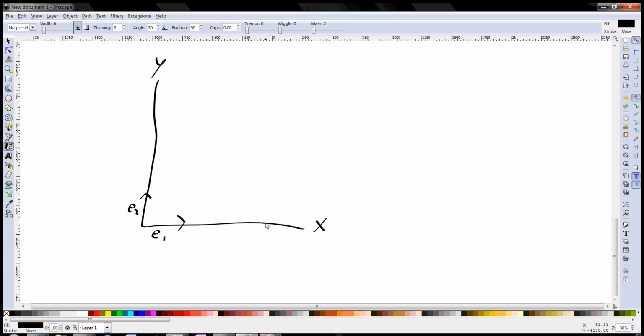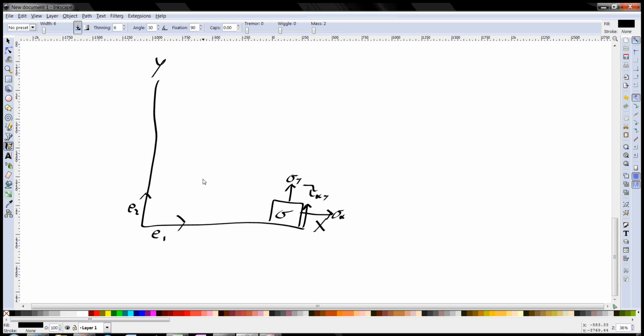And let's say our stress is represented by this box here. So you have stress in the X direction coming out the right side of the box, stress in the Y direction coming out the top of the box, and shear along the side.